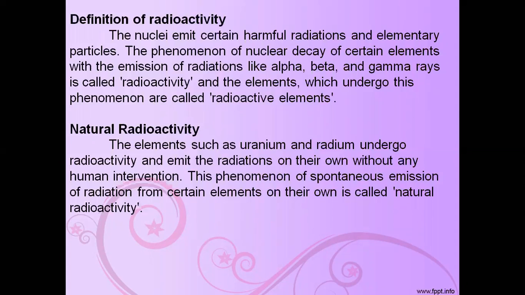So uranium emits the radiation without any disturbance from human activity. Okay. So human activity does not induce the radiation. This is natural radioactivity. Any substance that emits its own radiation without human disturbance is called natural radioactivity.